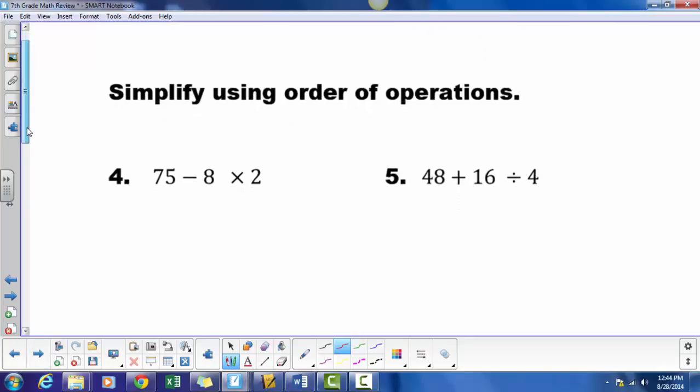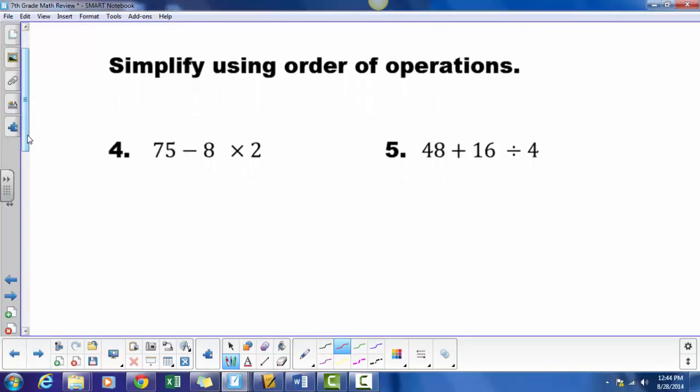Next, let's do some simplifying using order of operations, okay? I need to remember order of operations: parentheses, exponents, and then multiplication or division in the order that it appears, and then lastly, addition or subtraction, okay?